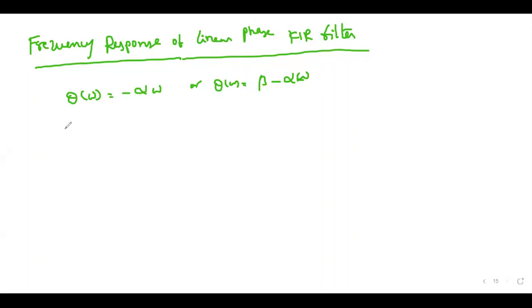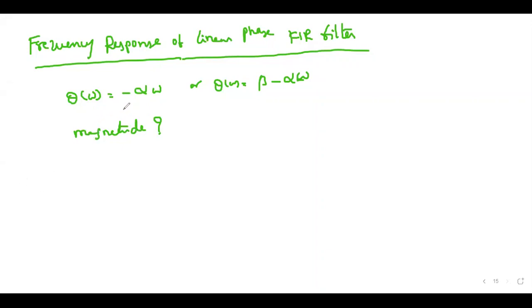But mainly in this frequency response, we have to find how the magnitude response of the linear phase filter will be. Okay, that is the point. So for this, we will study the magnitude response for different cases.